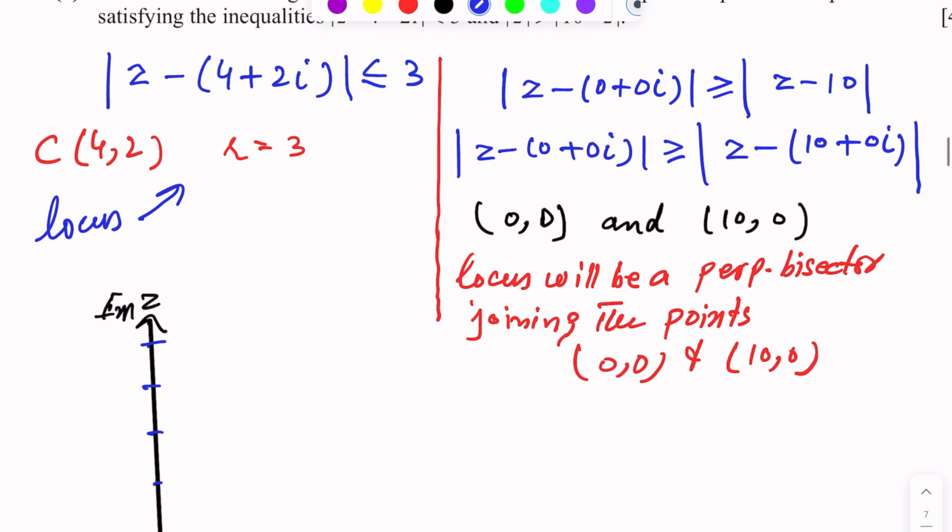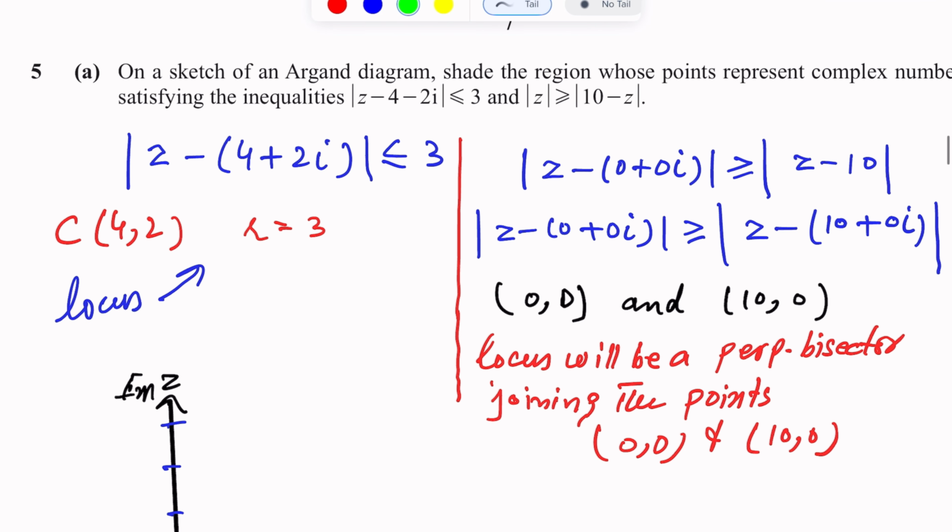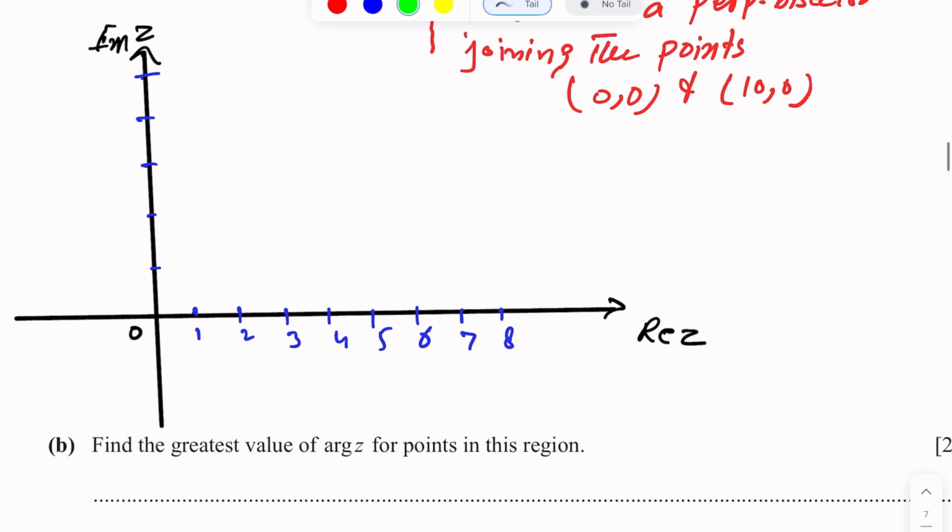So first we will make a circle of center (4, 2) and radius 3. The point (4, 2) is here.